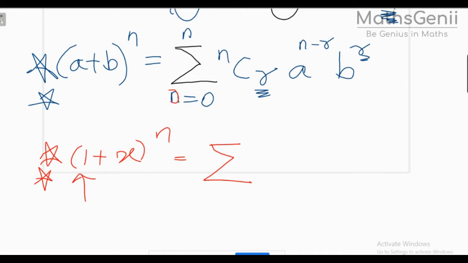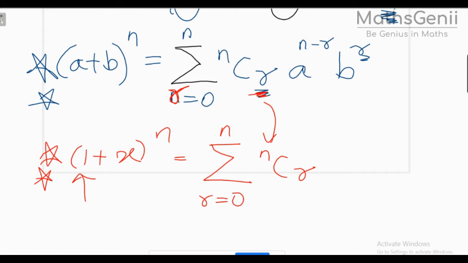so this is R starting, sorry, this is the denominator starting, right? So R starting with 0 to n, same thing here, NCR.